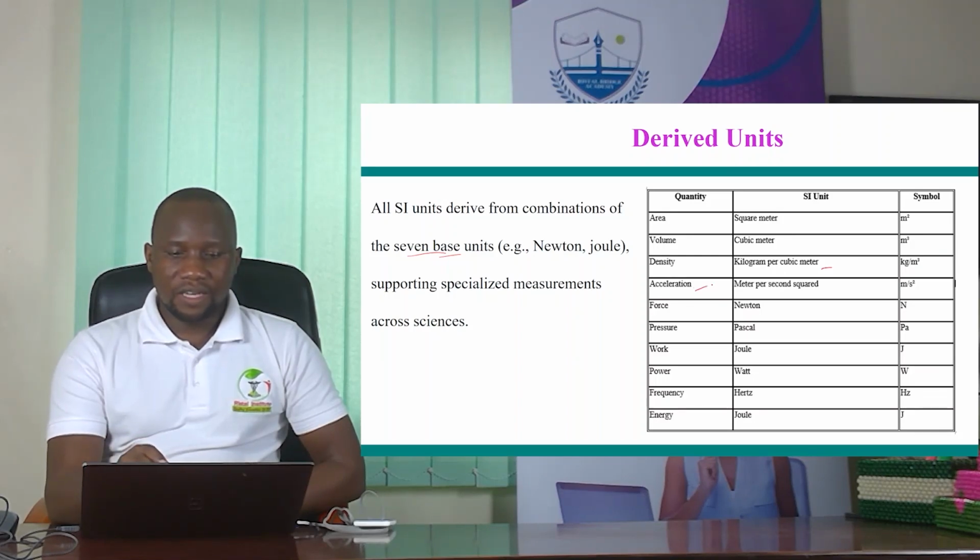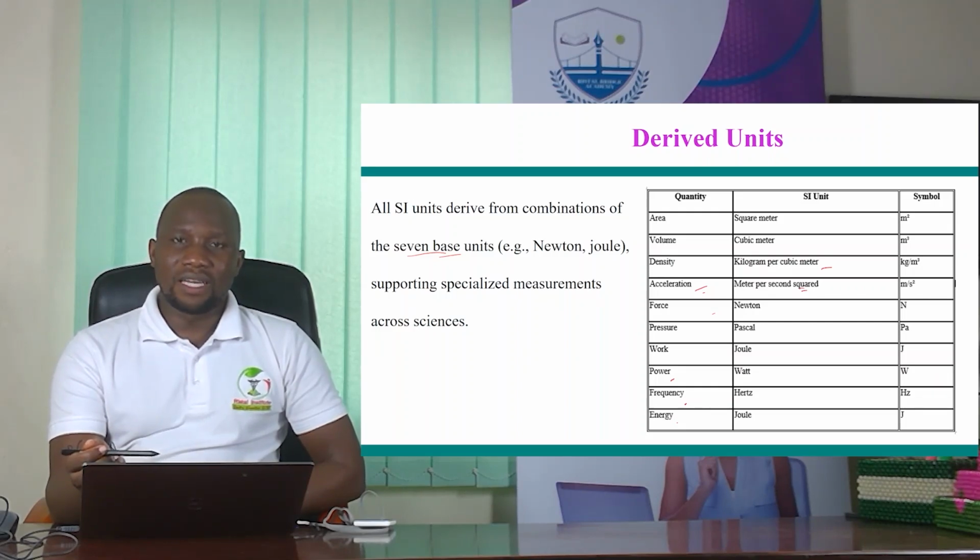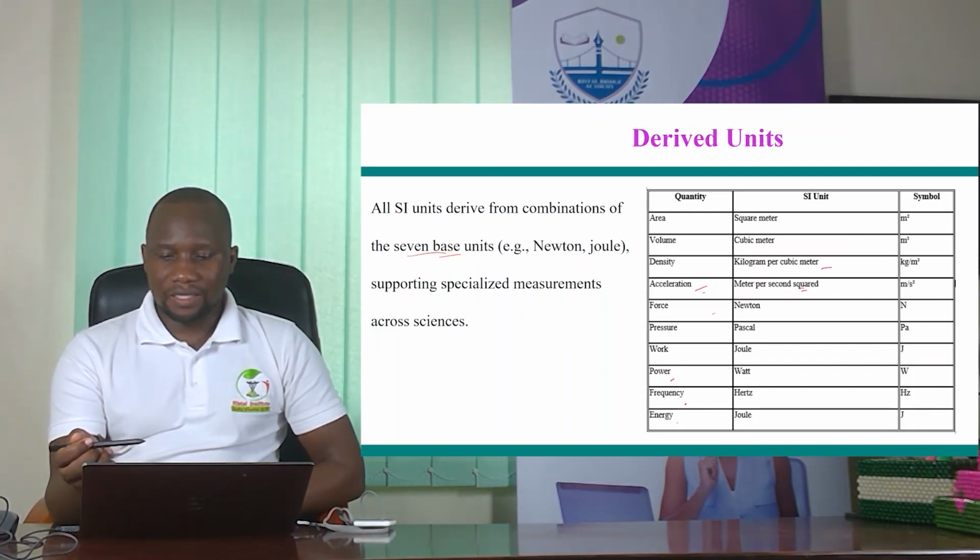Okay. Acceleration is distance covered per unit time. Not by unit time, per second squared. This is what we call acceleration. And then force, pressure, work, power, frequency, and energy. Some of these quantities, what you basically study in your physics classes.